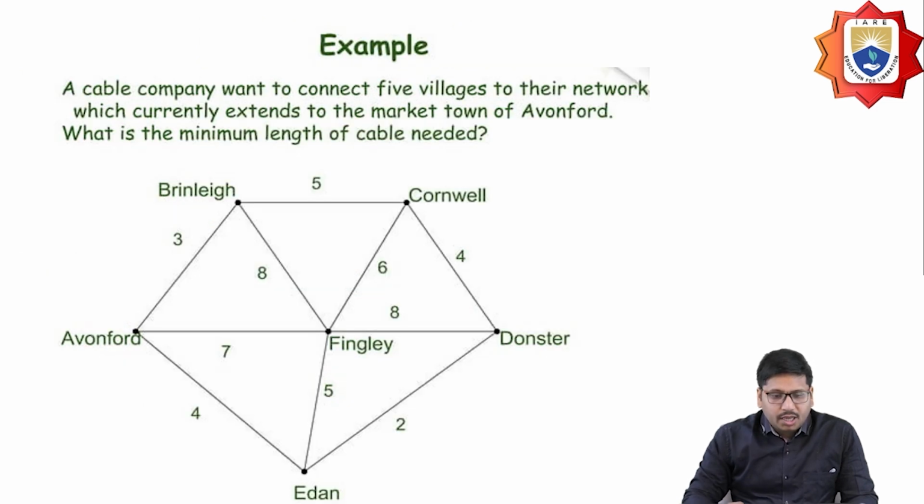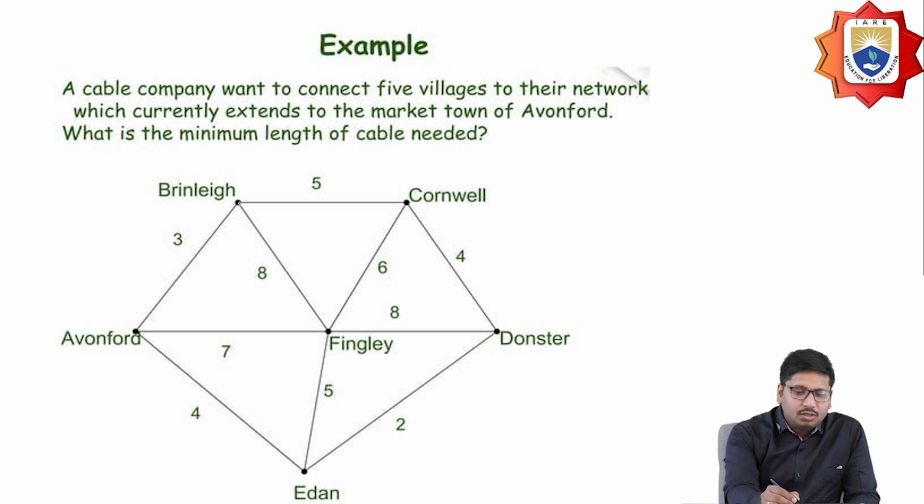See here, a cable company wants to connect 5 villages to their network, which currently extends to the market town. What is the minimum length of cable needed to connect all the villages?